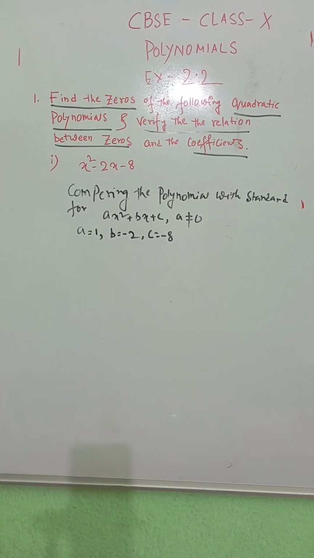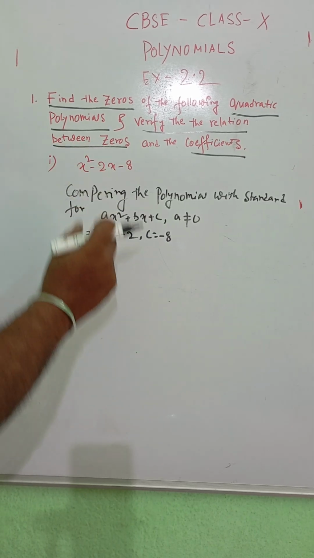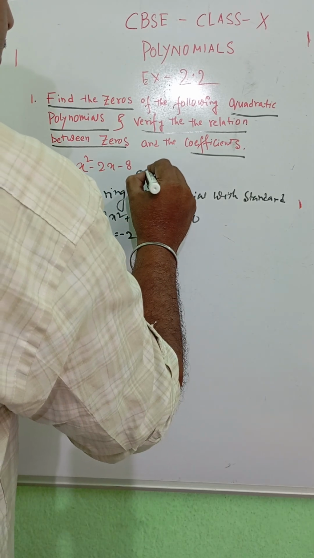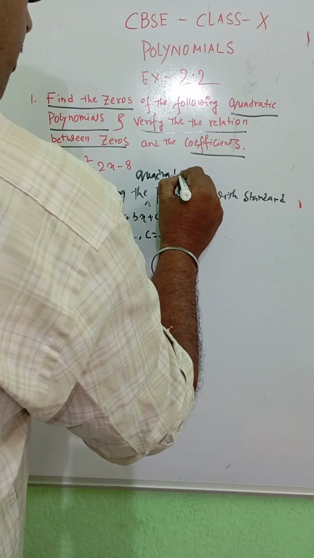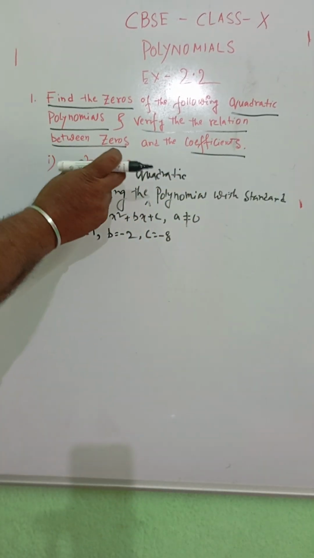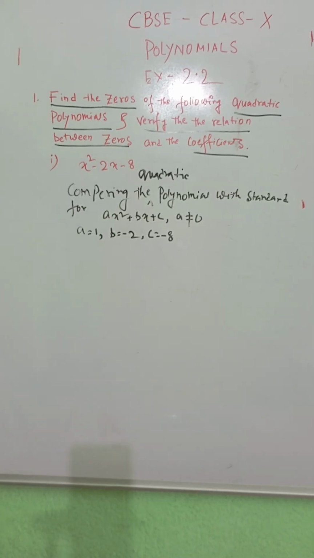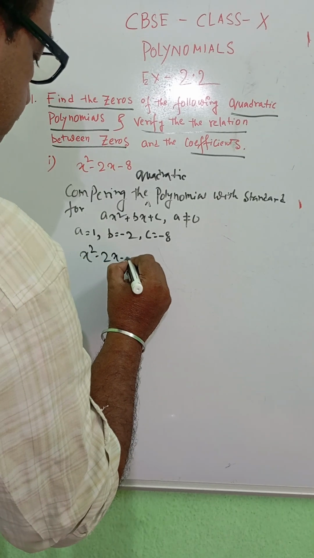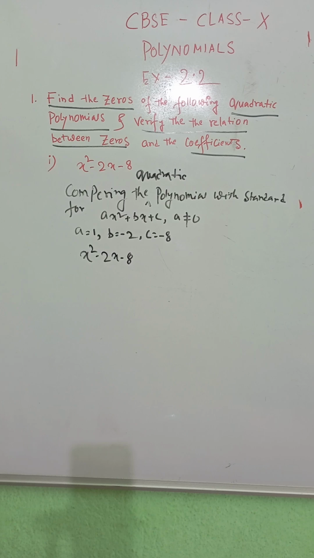Now the second thing is that we have to find out the zeros. First question is to find out zeros. So this is a quadratic polynomial. Now this must be factorized, and it is factorized by the middle term factor.